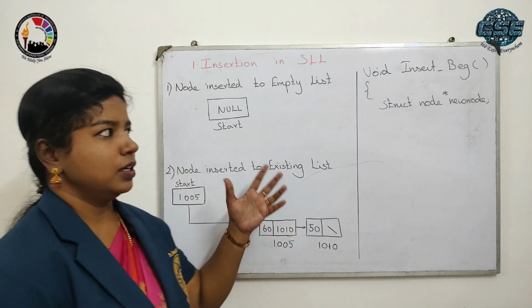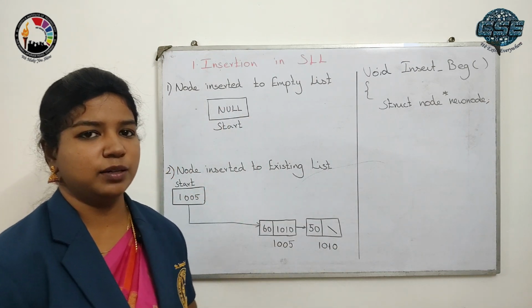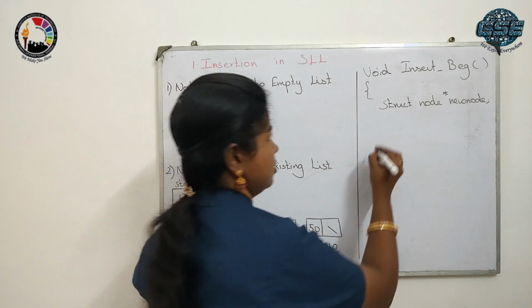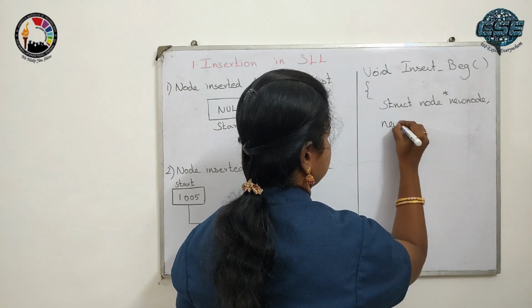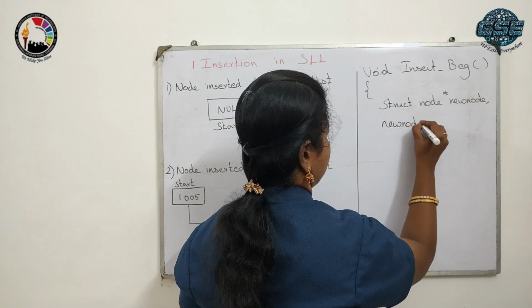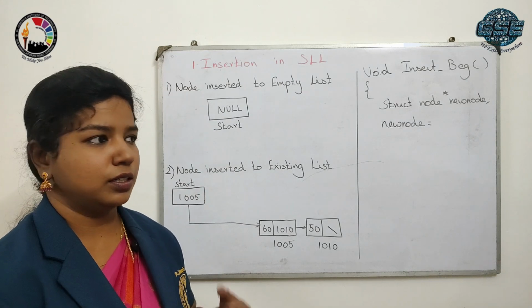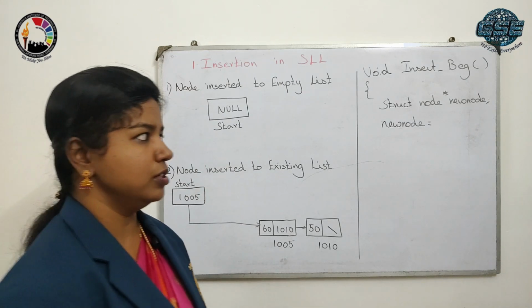For this new node we have to allocate the memory from the free available spaces, using the malloc function.